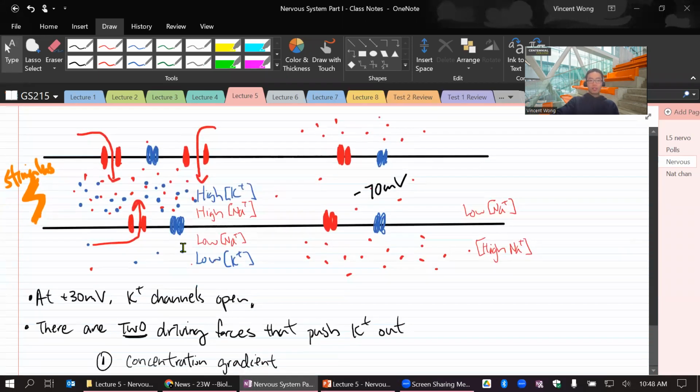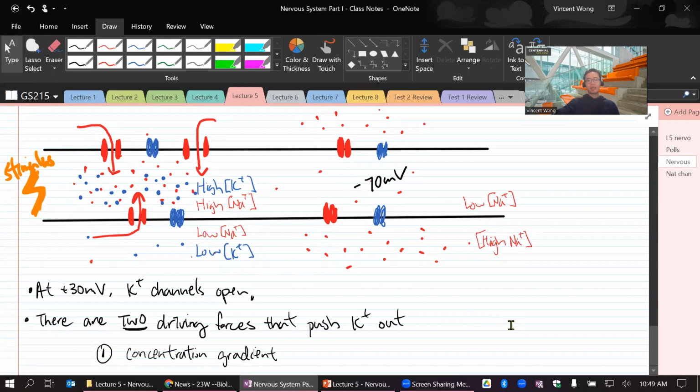The second driving force has to do with the sodium. Right? The sodium all came in because of the depolarization, and now the inside of the cytoplasm is super positive. Right? It's very positive, and positive charges, they don't like to be next to each other. Like charges repel. So not only does the potassium want to go down its concentration gradient, it also wants to get away from all these positive charges that are coming in.